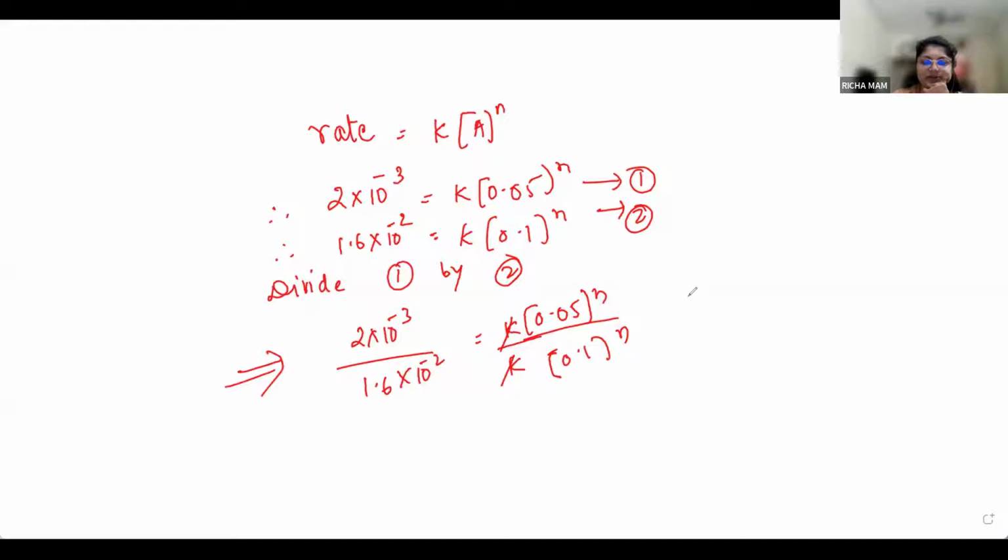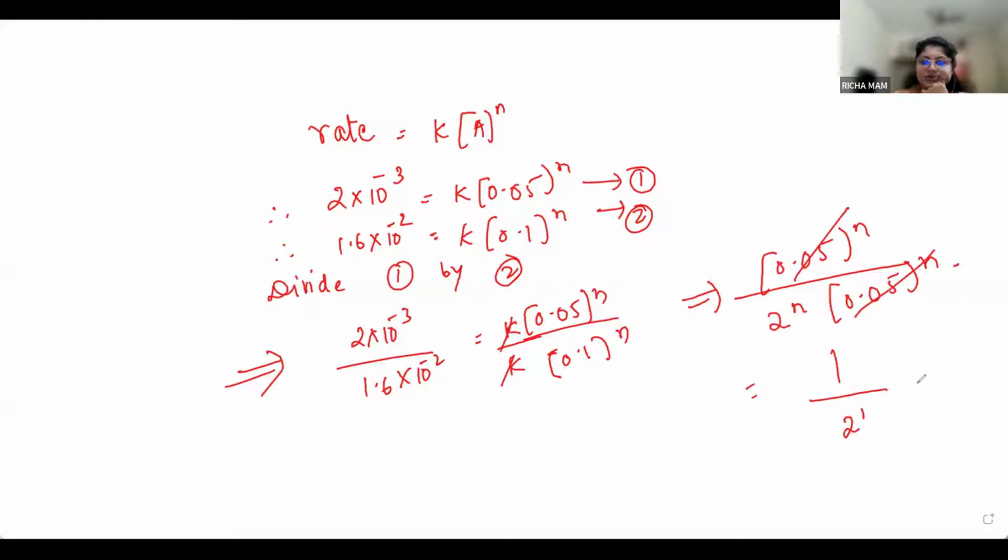After finding the value for this, I have got it as 0.05 raised to n divided by 2 raised to n, 0.05 raised to n. So that n gets cancelled. So 1 by 2 raised to n, that is 2 raised to n, so 1 by 8.